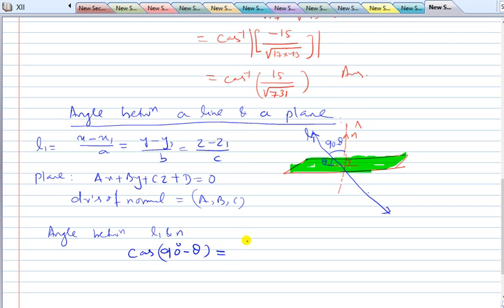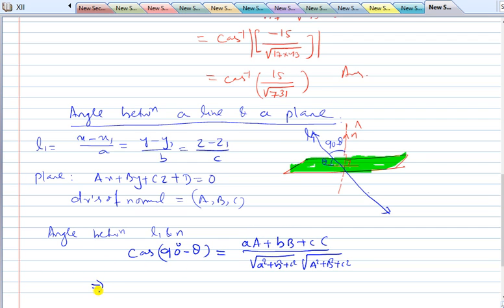That is given by the sum product of DRs, that is a into A plus b into B plus c into C, divided by square root of a square plus b square plus c square into square root of A square plus B square plus C square. You can easily see small a, small b and small c are related to the line, and capital A, capital B and capital C are related to the plane.